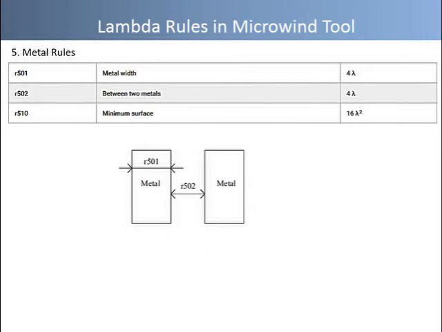Among the metal rules, rule 501 states that the minimum width of a metal layer must be 4 lambda, and according to rule 502, the minimum separation between two metal layers must be 4 lambda, and the minimum surface area of a metal layer must be at least 16 lambda square.